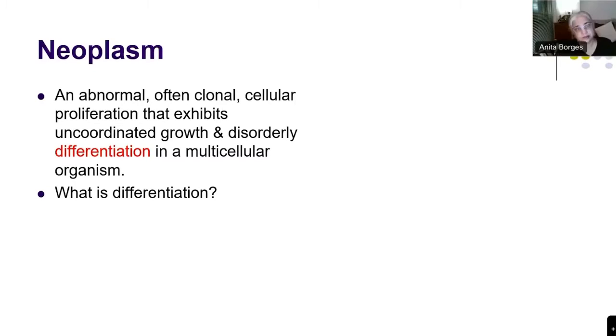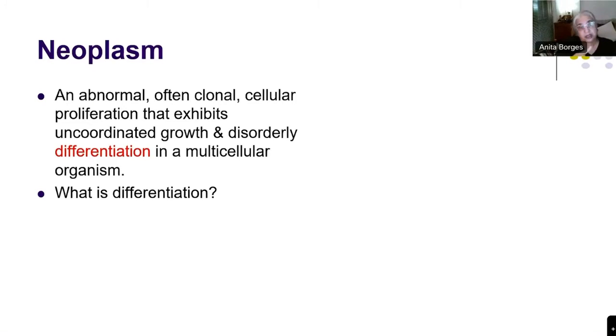How close the neoplastic cell resembles the parent normal cell. All right. That is how you say it is well, moderately, or poorly differentiated. But what is differentiation? Yes. Ma'am, morphologically and functionally close to the parent cell. Okay, so again you're saying this is comparative.